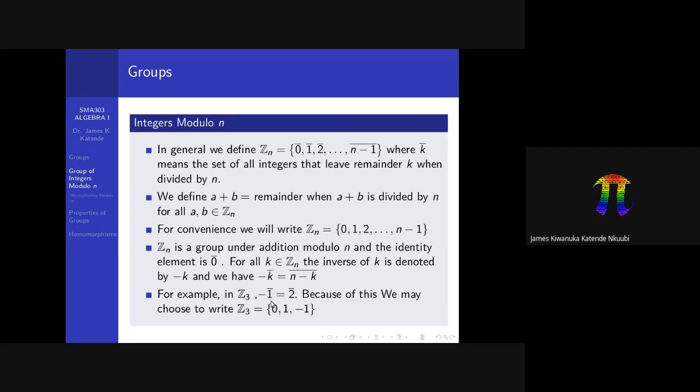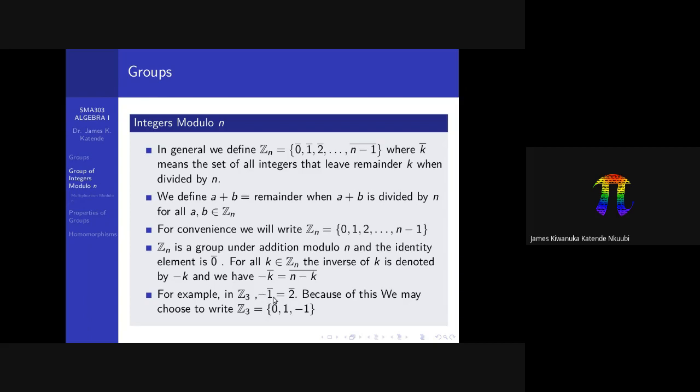So the inverse will be denoted by the negative of an element. So the negative of bar 1 will be equal to 3 minus 1, which is 2. So if you add 1 plus 2, you will get 0. Right? The remainder when 1 plus 2 is divided by 3 is 0. So it means the inverse of 1 is 2, because when you add 2 to 1, you get the identity.